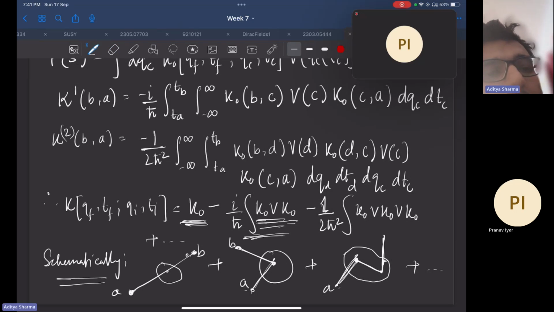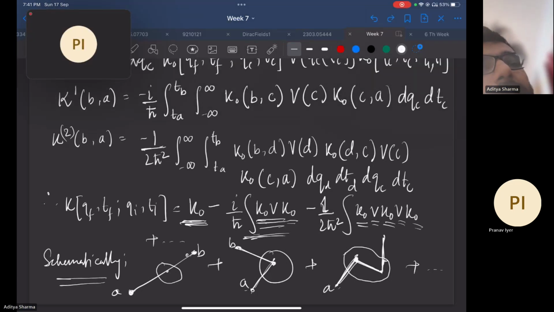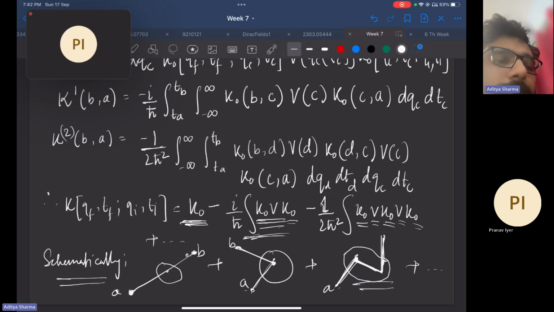Like went inside, scattered, and then went, again scattered. So this is for went, scattered, went, scattered, went. It went inside, K naught, scattered, that is V, and then went this side, this is K naught, again scattered, and then went outside.